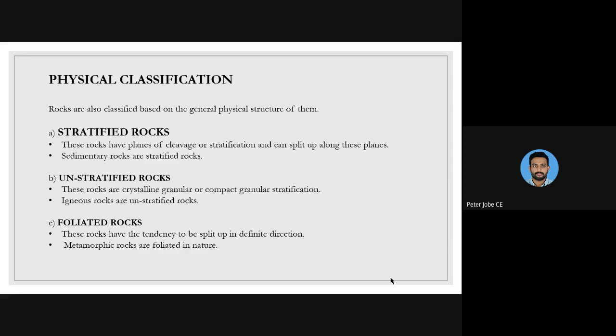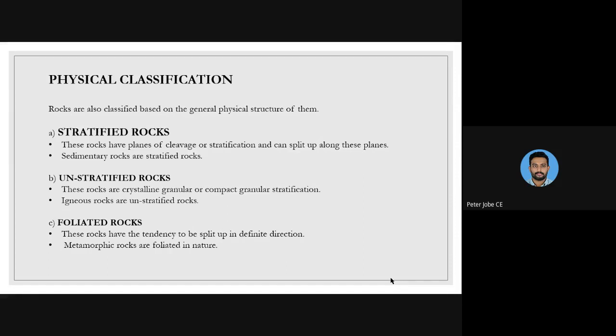In stratified rocks, if we take a small piece of stone, you can see the stratified layers, because each layer will be of higher thickness, like 3 to 5 to 10 millimeter thick. And unstratified rocks are basically crystalline or granular, and compacted. Unstratified means it won't be in layers.